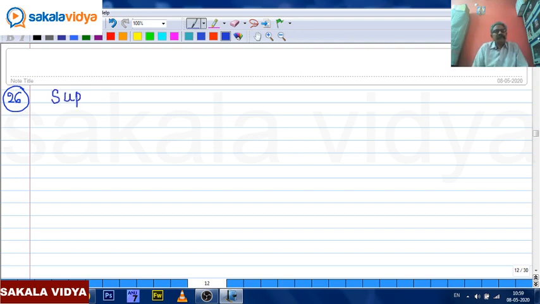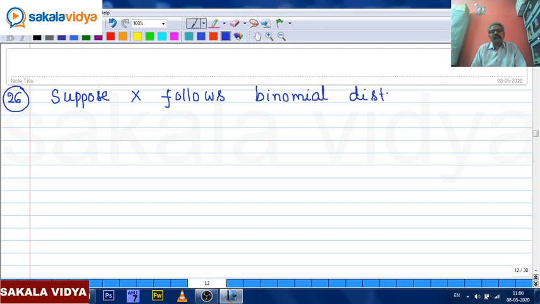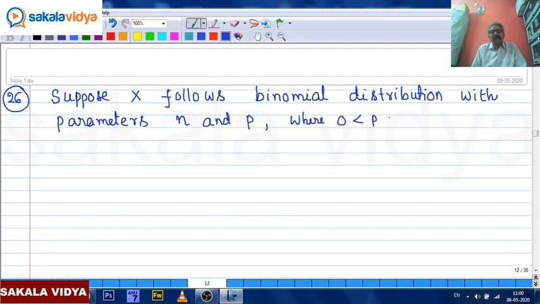Suppose x follows binomial distribution with parameters n and p, where 0 less than p less than 1.